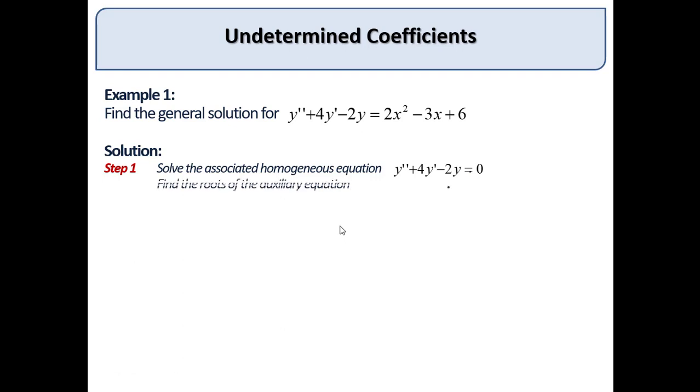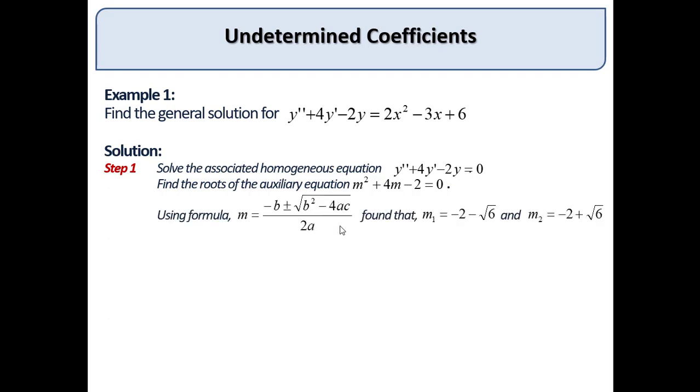Okay, to solve that we can find the auxiliary equation, which is m squared plus 4m minus 2 equal to 0. We found that the auxiliary equation gives us real and distinct roots, which are -2 minus square root of 6 and -2 plus square root of 6.